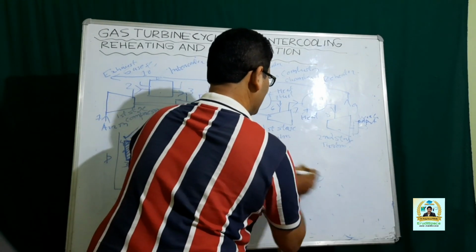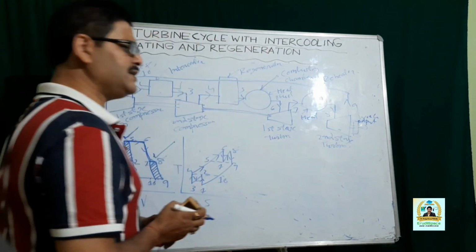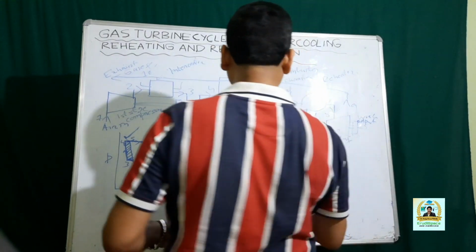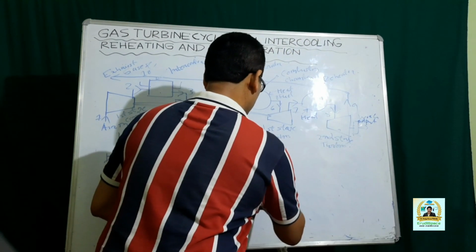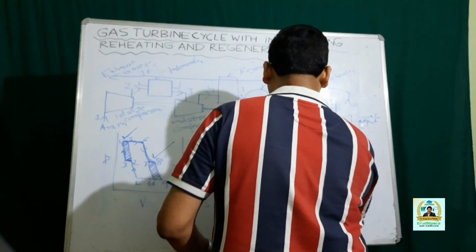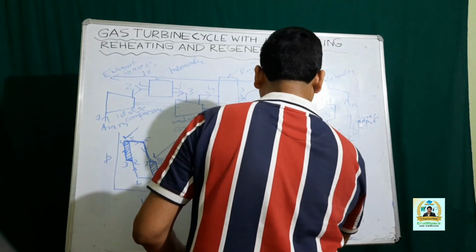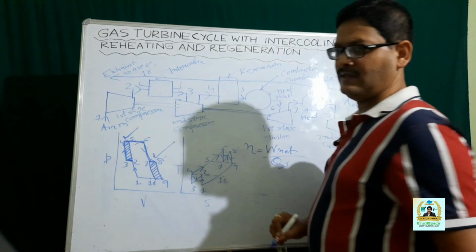Now, as far as the efficiency of the cycle is concerned, efficiency is always equal to the net work output divided by the heat supplied.